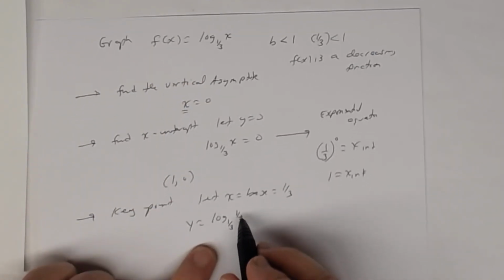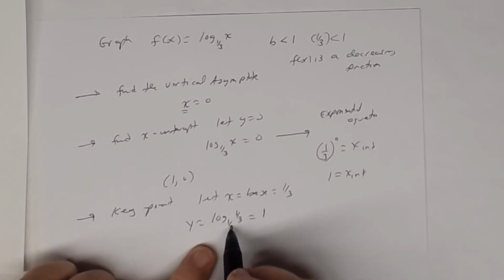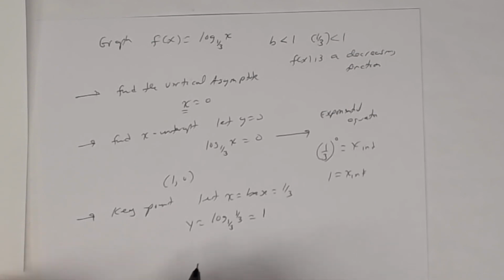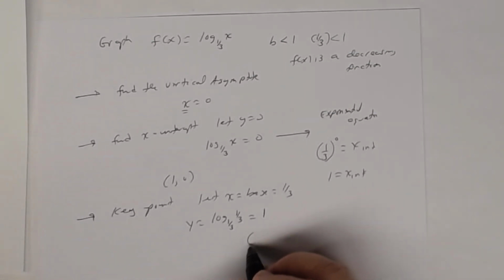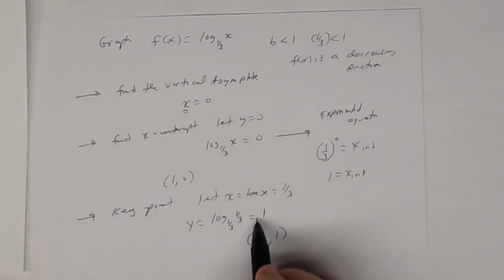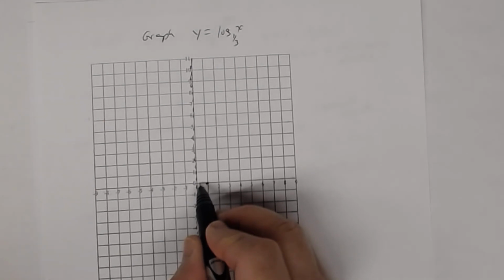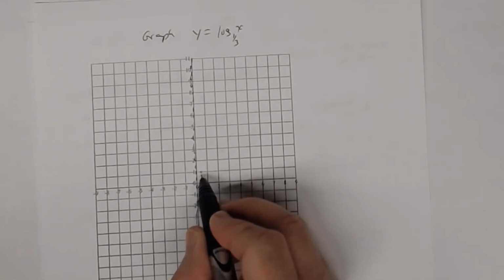So I know that if the argument and the base are the same, 1/3 to the first power equals 1/3, right? So if those two are the same, then the log of that with that same base equals 1. So one of my key points is 1/3, 1. So x is 1/3, y is 1. Meaning that 1/3 is about here. So this is 1, 1/3 is about here, and here's 1.